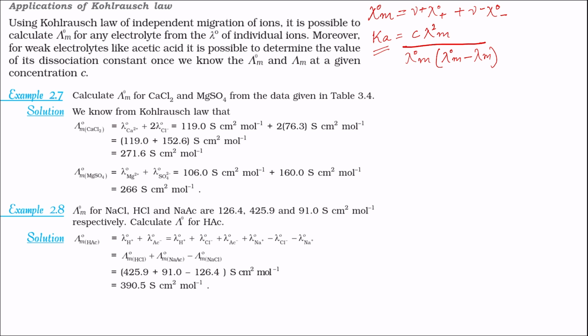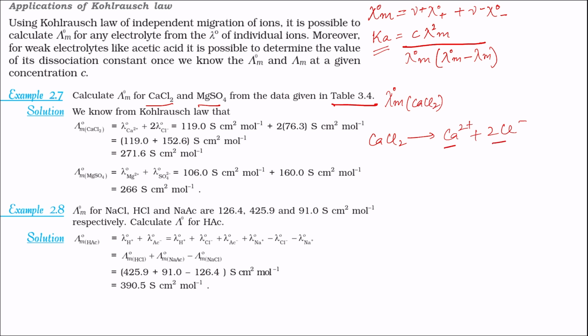Now example, calculate limiting molar conductivity for calcium chloride and magnesium sulfate from the data given in table 3.4. In table 3.4, the conductivity of various cations and anions is given at infinite dilution. So what will be the limiting molar conductivity of calcium chloride? Calcium chloride dissociates to give 1 mole of calcium ions and 2 moles of chloride ions, or 1 calcium ion and 2 chloride ions.